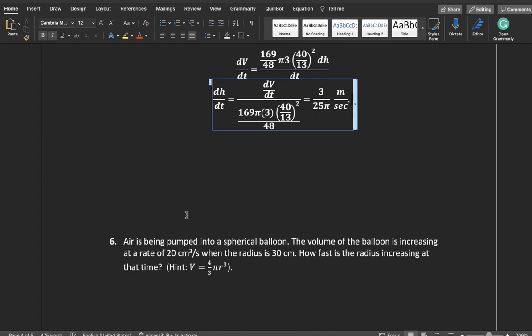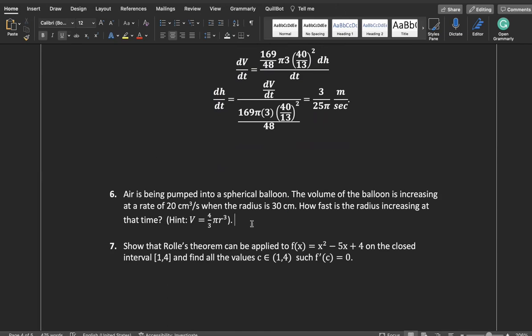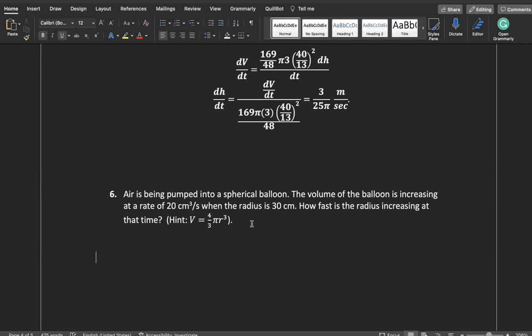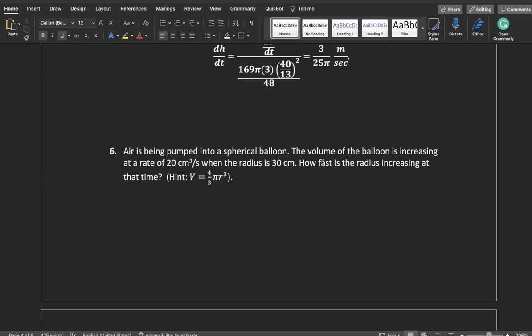So now, if we move on to question 6. The question is stating that we have air being pumped into a spherical balloon.